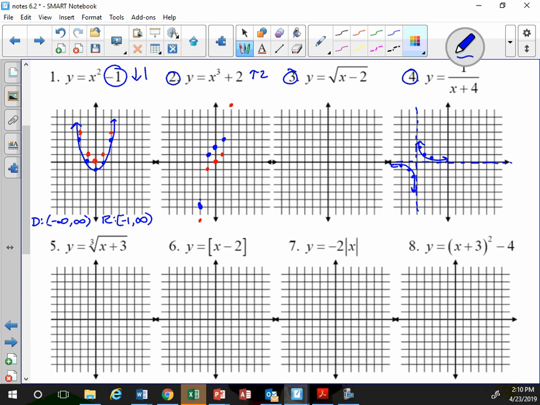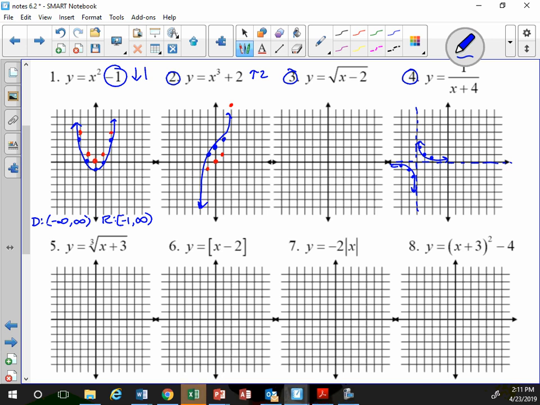Right there. How do we do on that graph? Good.